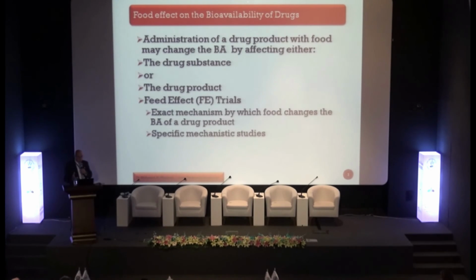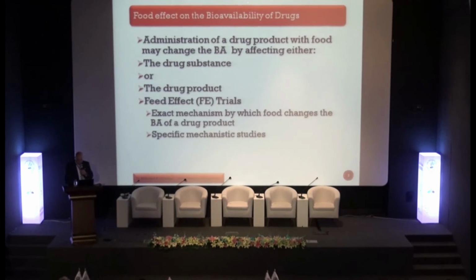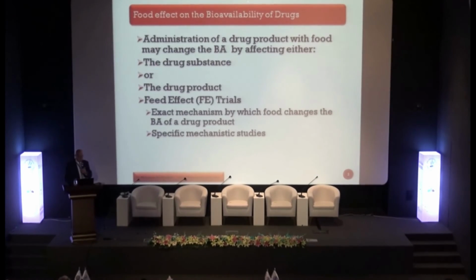Of course, the administration of a drug product with food may affect the bioavailability, either by affecting the drug substance itself or the drug product. And in this case, as the professor said, you have to do exact and specific mechanistic studies.